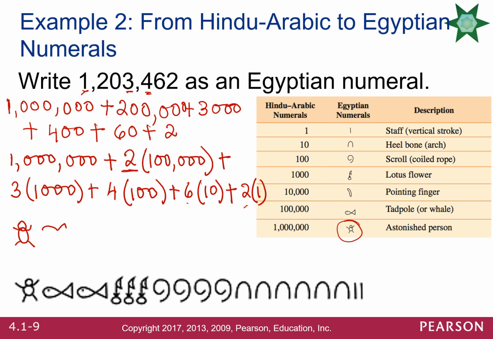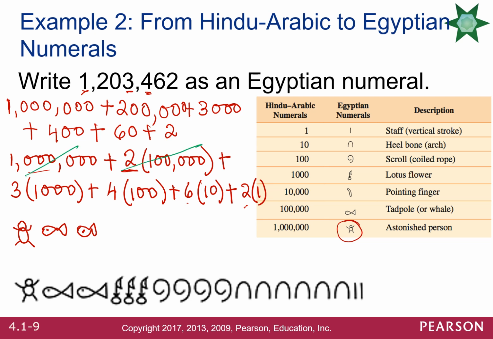So it's going to be something like this. And we need 2 of these, right? So we'll put 2 of these. All right. And then we are done with this. Let's use another color here too. So we are done with this.